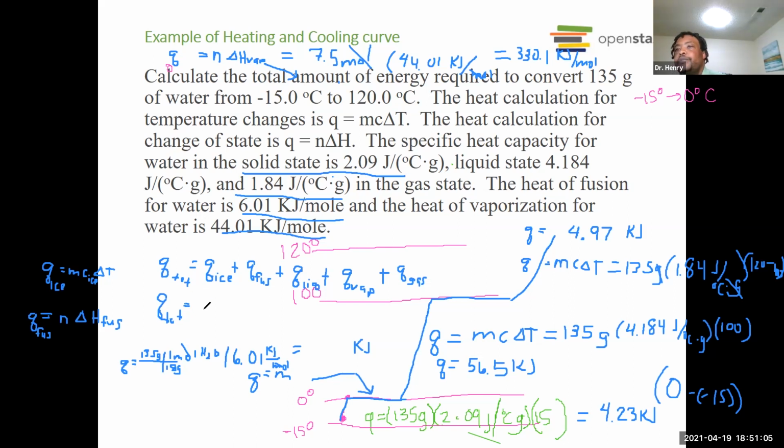Is going to equal 4.23 kJ plus this guy is equal to 1.5 times 6.1, 45.1 kJ, plus 56.5 kJ. This transition is plus 300.1 kJ.